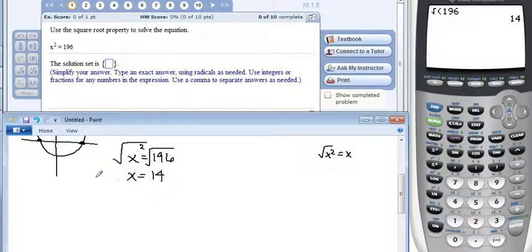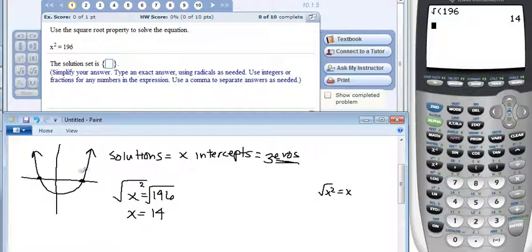Now, how do I get these 2 solutions? I'm going to be getting up to 2 solutions. Well, when we just evaluated the square root of 196 before, we said that was 14. But when we solve using that, then we have to use the positive and negative values of that, because a negative 14 squared is also 196.